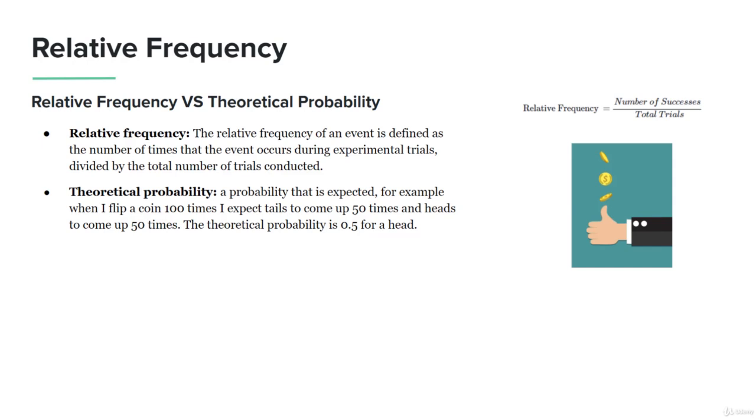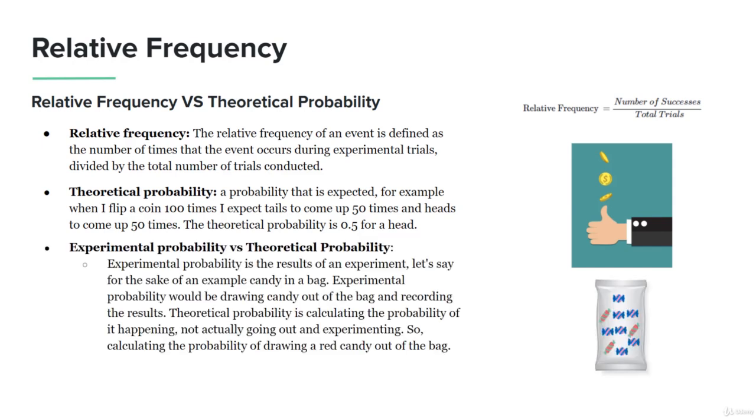So the theoretical probability would be 1/3, because each one of those 3 different sides of the coin has the ability to show up at any given time. All right, so let's look at the experimental probability versus the theoretical probability.